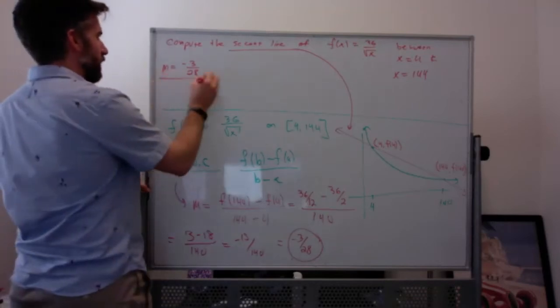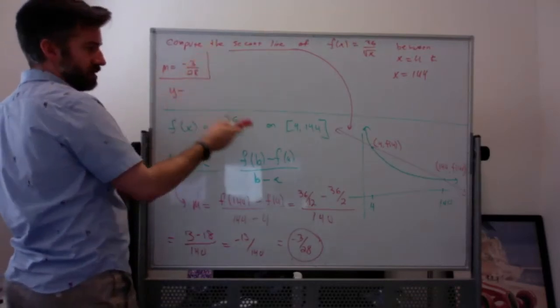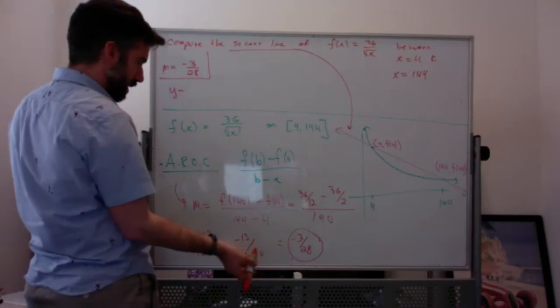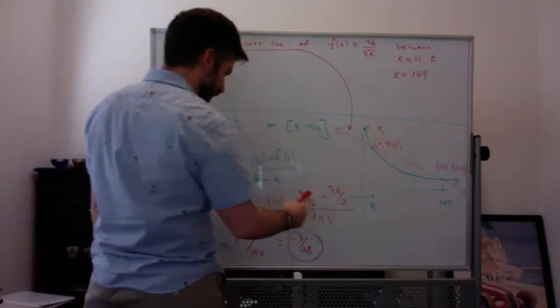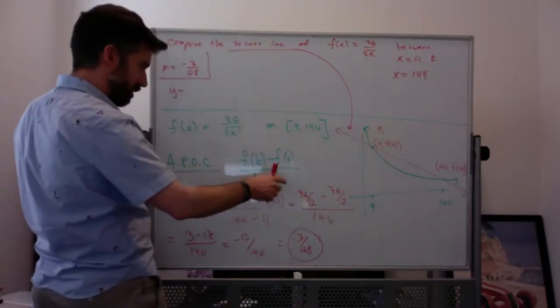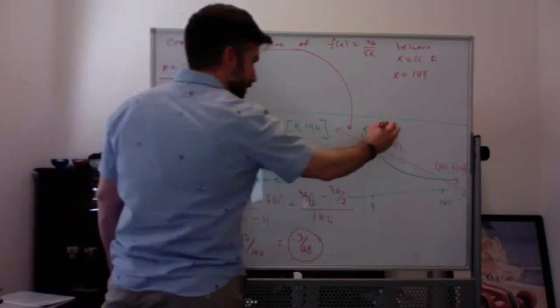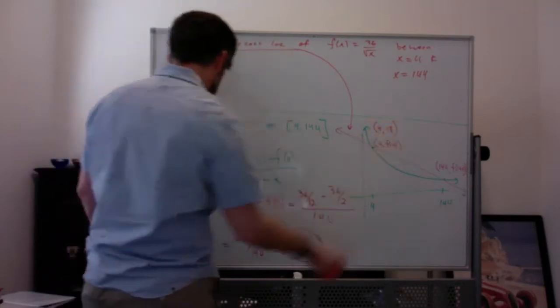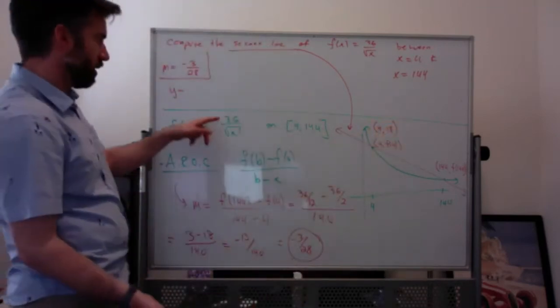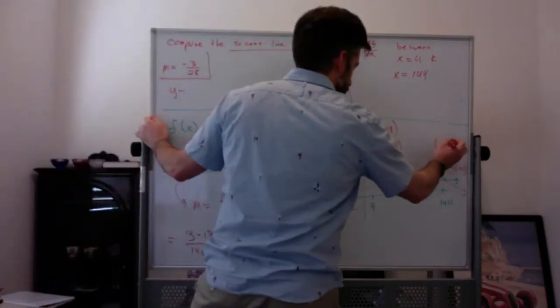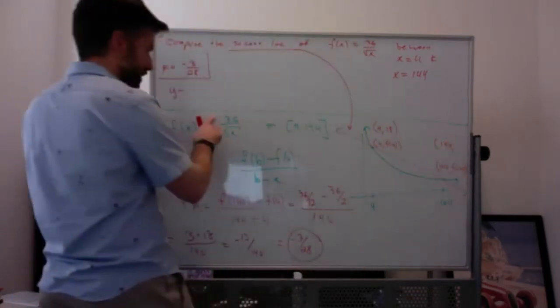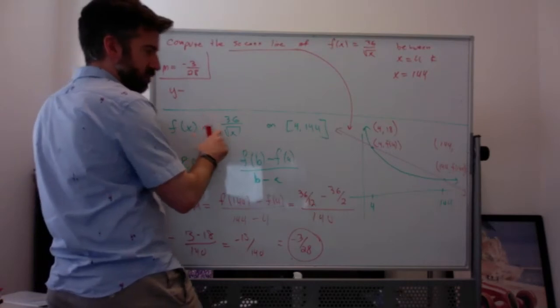I would do it as y minus, pick either point. If you plug in 4, you get 36 over the square root of 4, which is 18. If you plug in 144, you get 36 over the square root of 144, which is 36 over 12, which is 3.